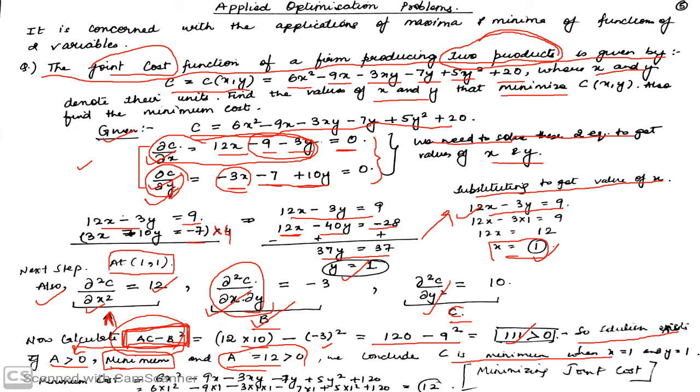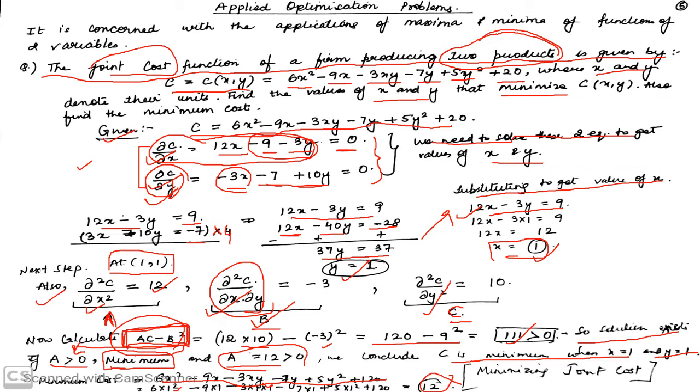When x is 1 and y is 1. Therefore, in the cost function given, 6x square, sorry, minus 9x minus 3xy minus 7y plus 5y square plus 120, wherever there is x put the value 1, wherever there is y put the value 1, and you find that the total cost is equal to 12. So our total cost is minimum at x is equal to 1 and y is equal to 1, and the minimum total cost is equal to 12.